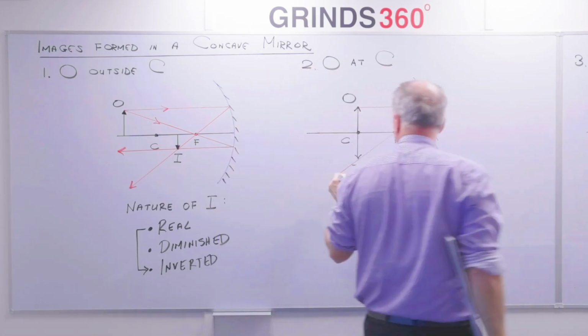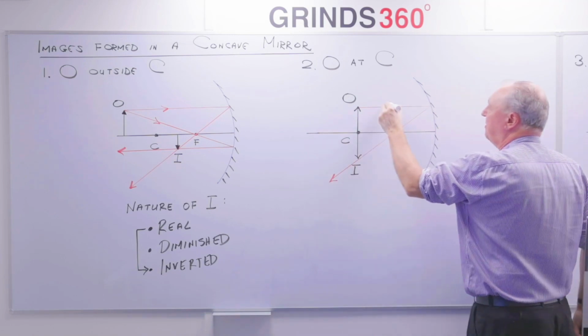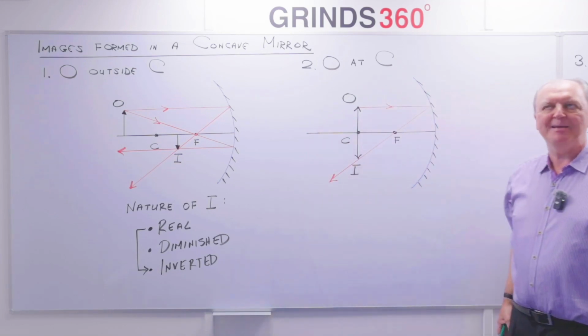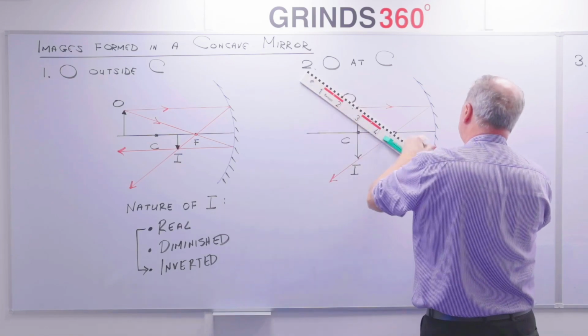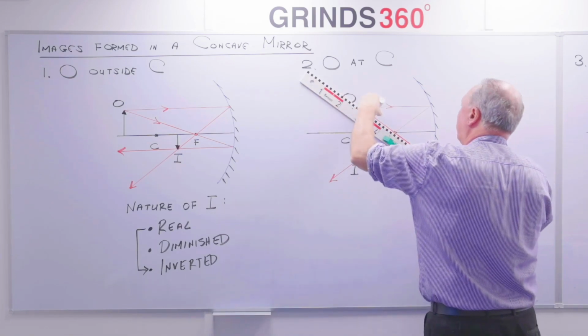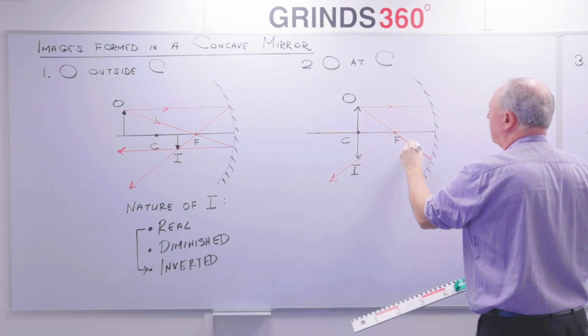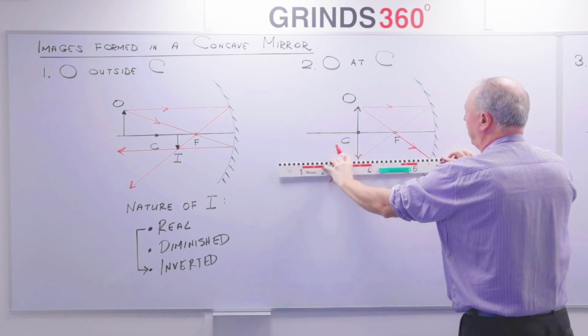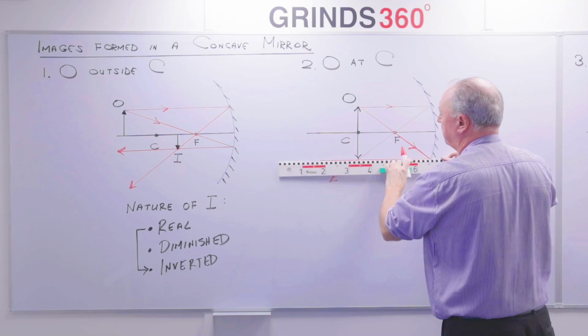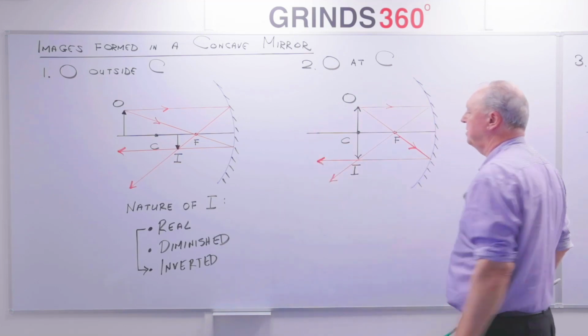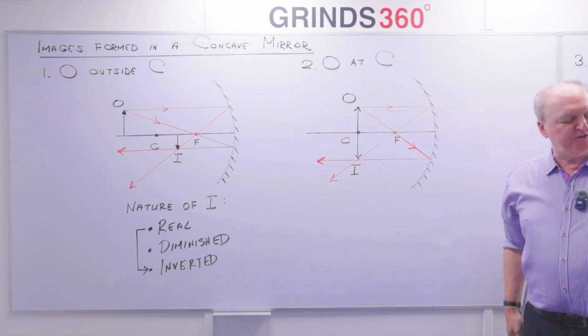So there's my first ray of light. What's my second ray of light? From the tip of the arrow through the focus. Where does it end up going? It ends up going out parallel to the principal axis. We put a line out parallel and make sure it goes to the tip of the arrow. So there's my image formed.